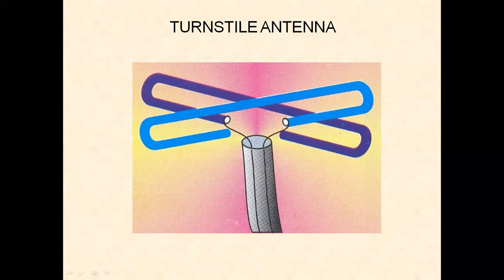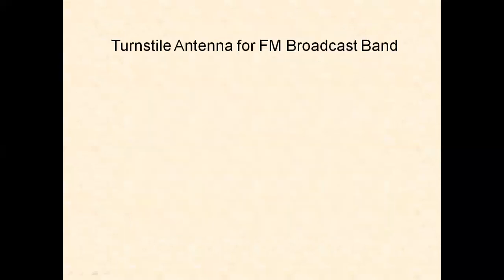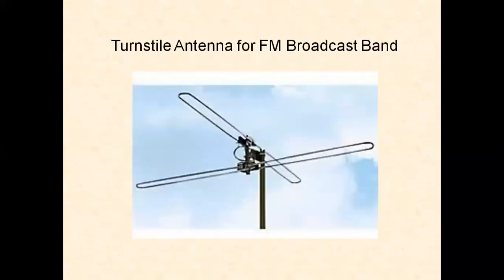Thus, the resultant radiation pattern is very nearly circular in the plane of the turnstile antenna. This turnstile antenna is most widely used for the FM broadcasting band in addition to TV transmission, because the FM signal should be radiated in all the directions. So an omnidirectional radiation pattern is required.